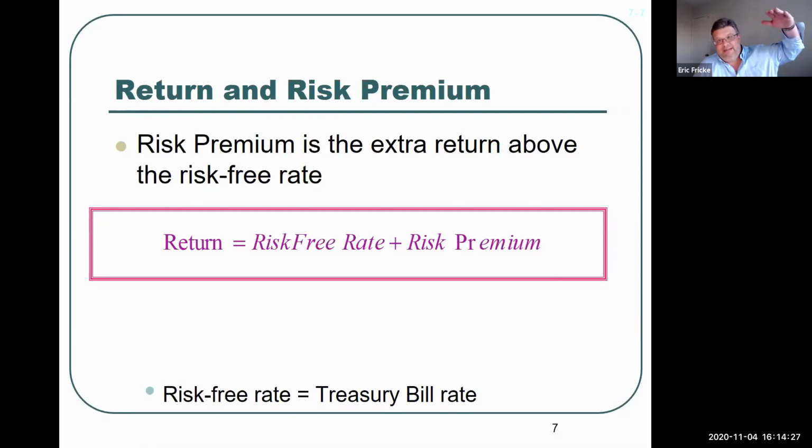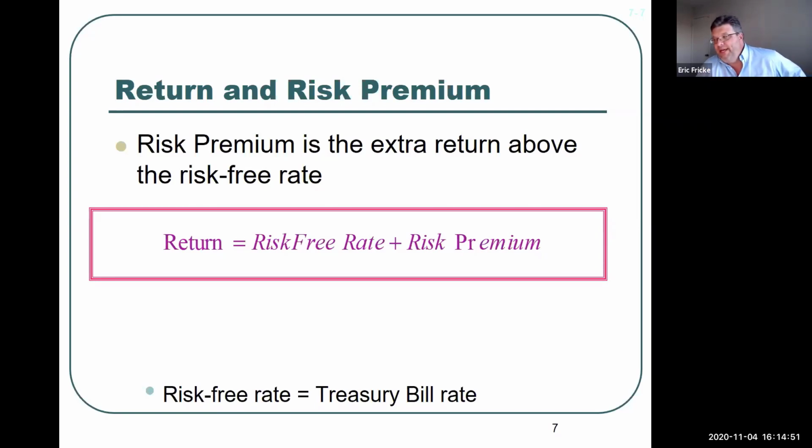Anything above that is where we're adding on more risk. So that's why we call it the risk-free rate plus the risk premium. So for any amount of risk higher, there's going to be a higher return associated with that based on the risk premium. So a riskier company or riskier stock will have a higher risk premium.